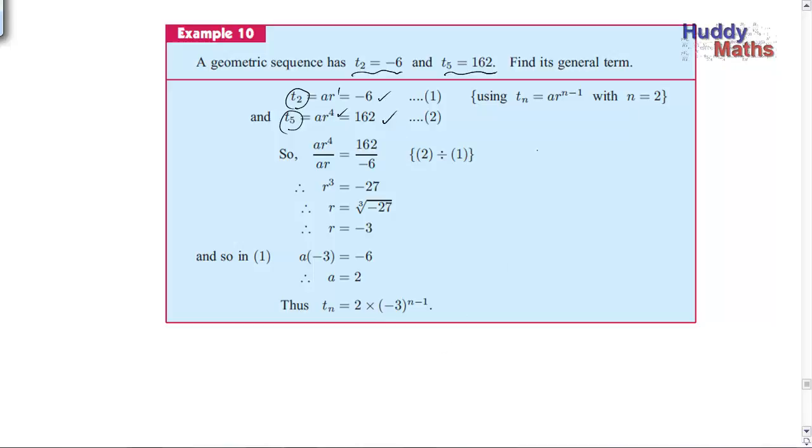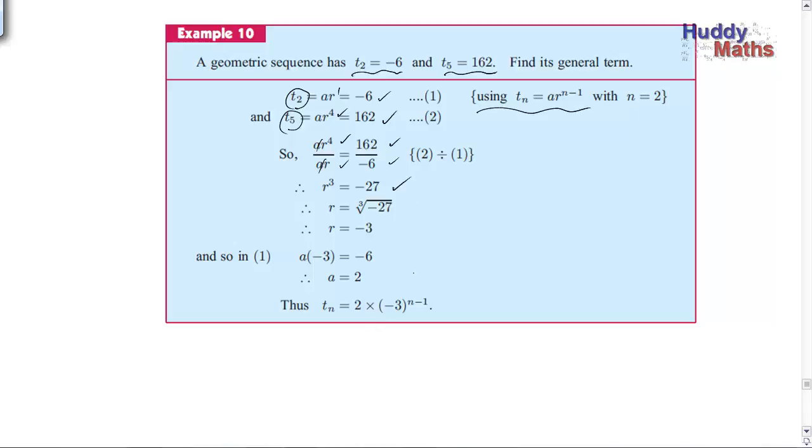Now, how can you actually solve these? Well, because they are power expressions, let's divide them. AR to the 4th over AR, the A's cancel, like the elimination in the arithmetic. So we've got R cubed is 162 over -6, or -27.